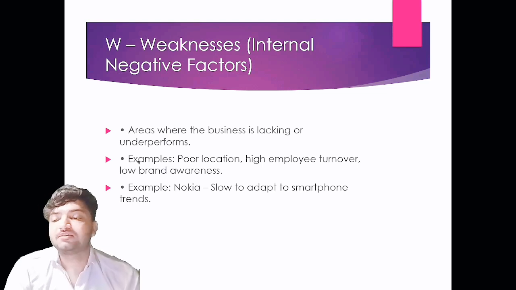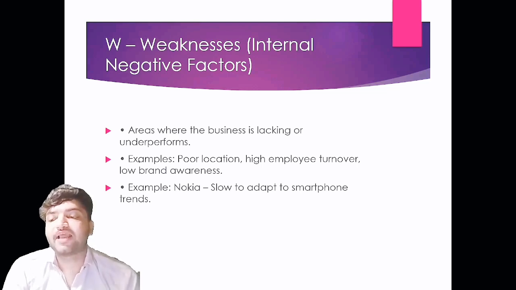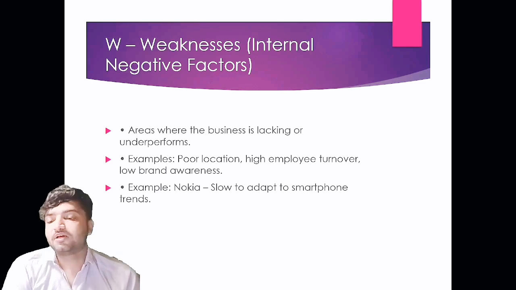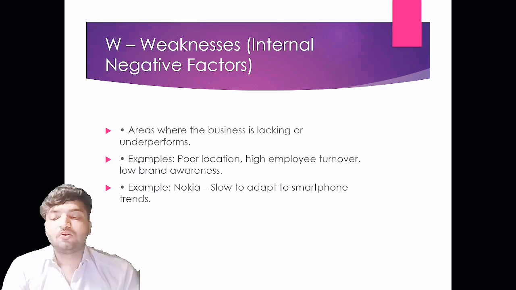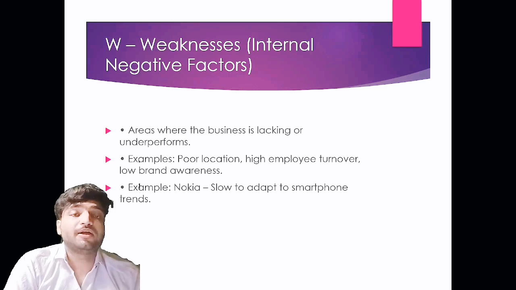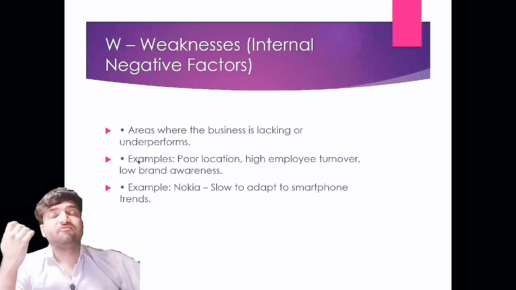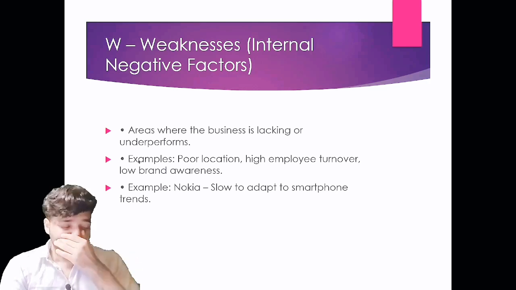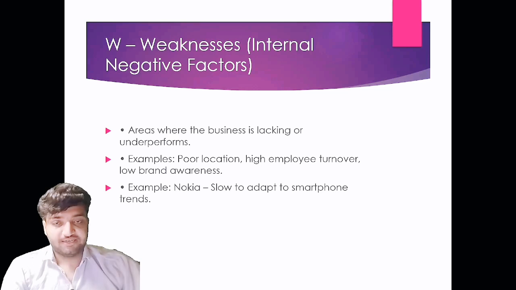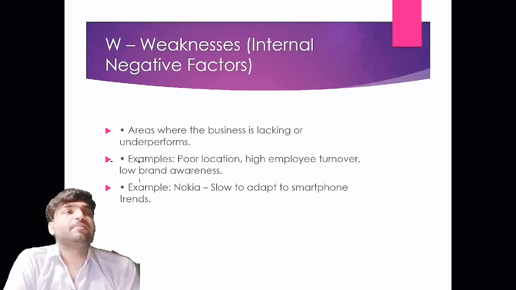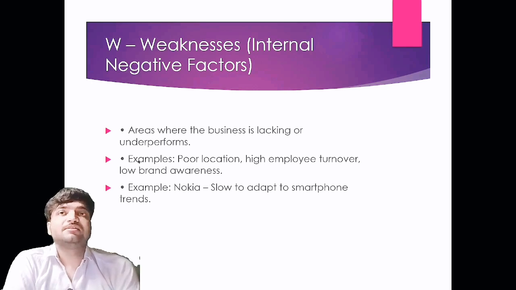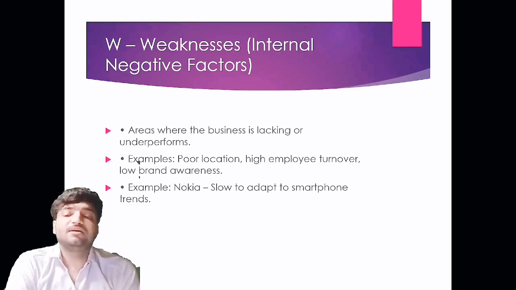So in the slide, as you can see, areas where the business is lacking or underperforms. In any area where the business is lacking internally, it can be high employee turnover or low brand awareness. High employee turnover means many employees are resigning from the business, they are not happy with their job, the salary expectations are not met, the work-life balance is not good.